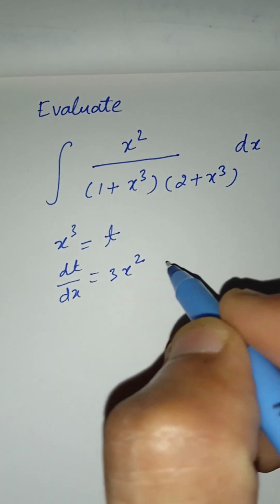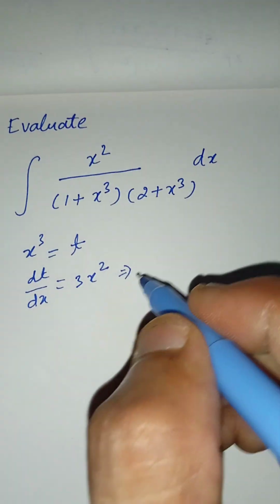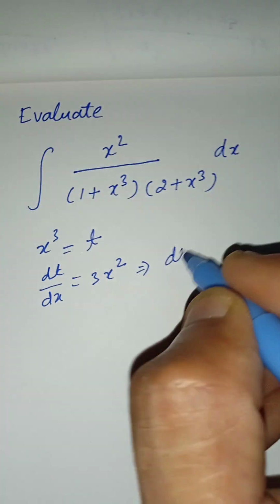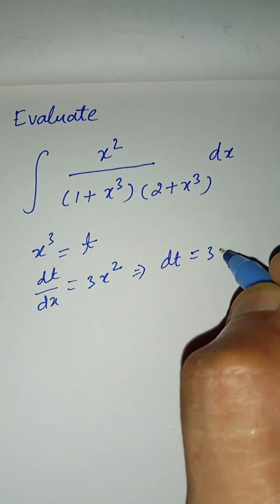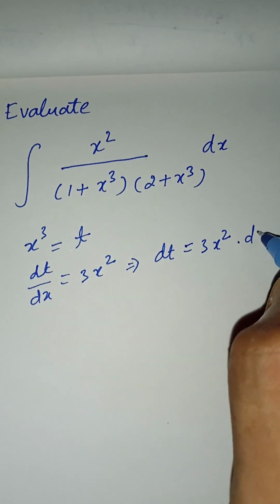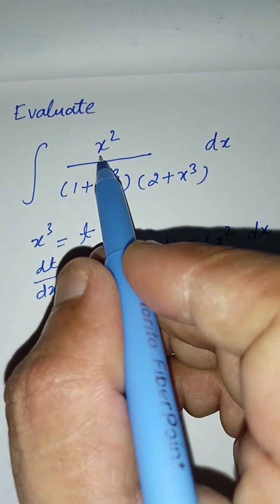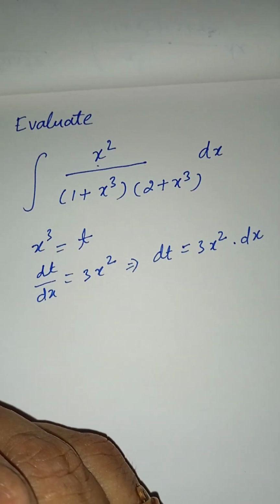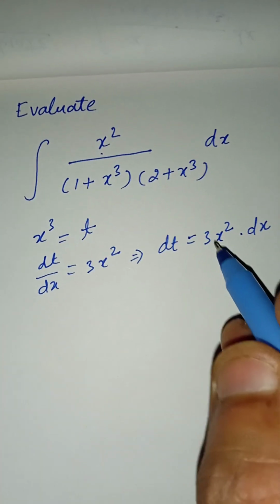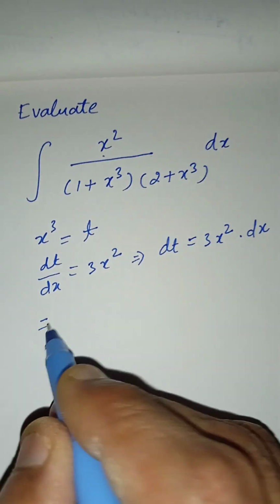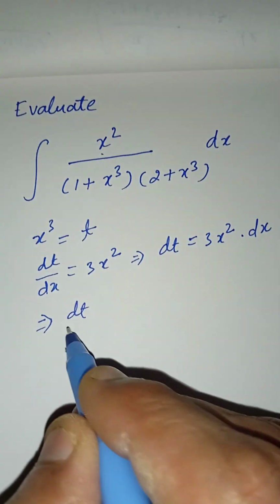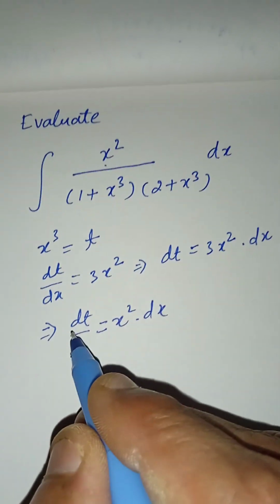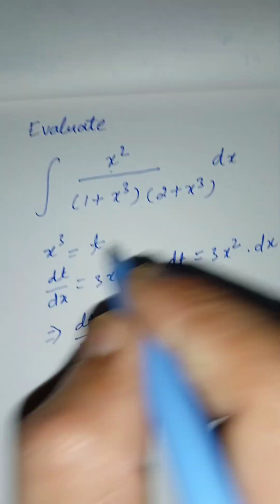Okay, now if you solve this, this is going to be dt equals 3x square dx. So now here you get x square dx, and what about 3? You can take the 3 to the left hand side, so it becomes dt by 3 equals x square dx. Now substitute this into the integral.